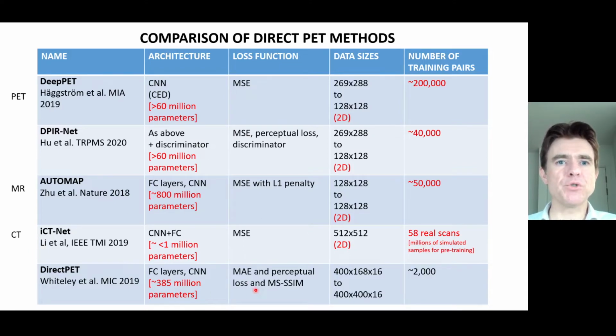At the bottom here, I've also got a reference to another direct PET reconstruction network where they did manage to touch on 3D reconstructions using relatively small amounts of data, but still dealing with a large number of training parameters. So you get an idea here of what's going on with direct reconstruction methods. Sorry, that shouldn't say PET there. This is a comparison of direct methods. Take-home messages: typically 2D, large number of parameters, large amount of training data needed.